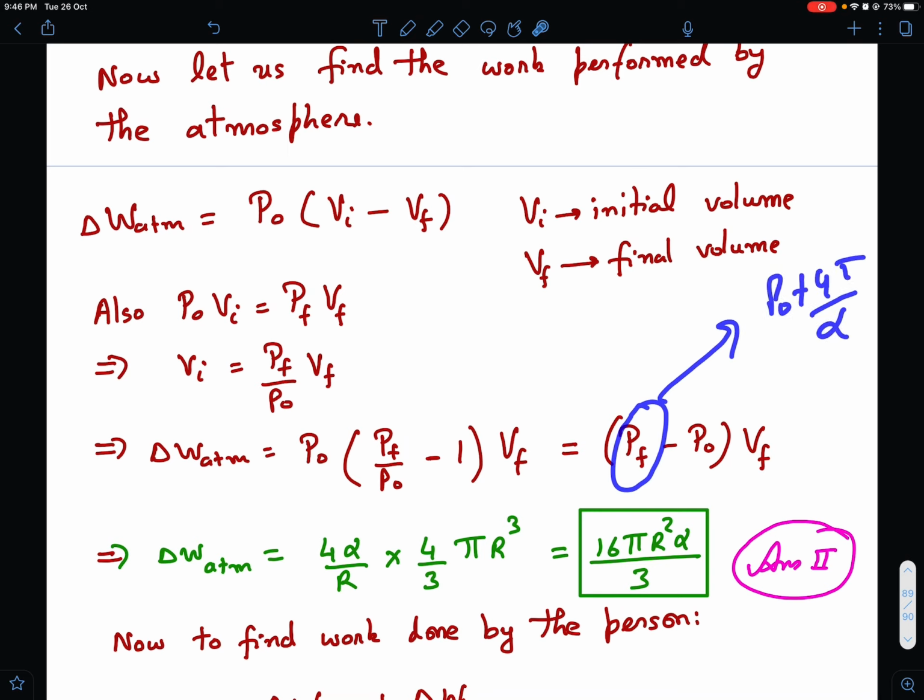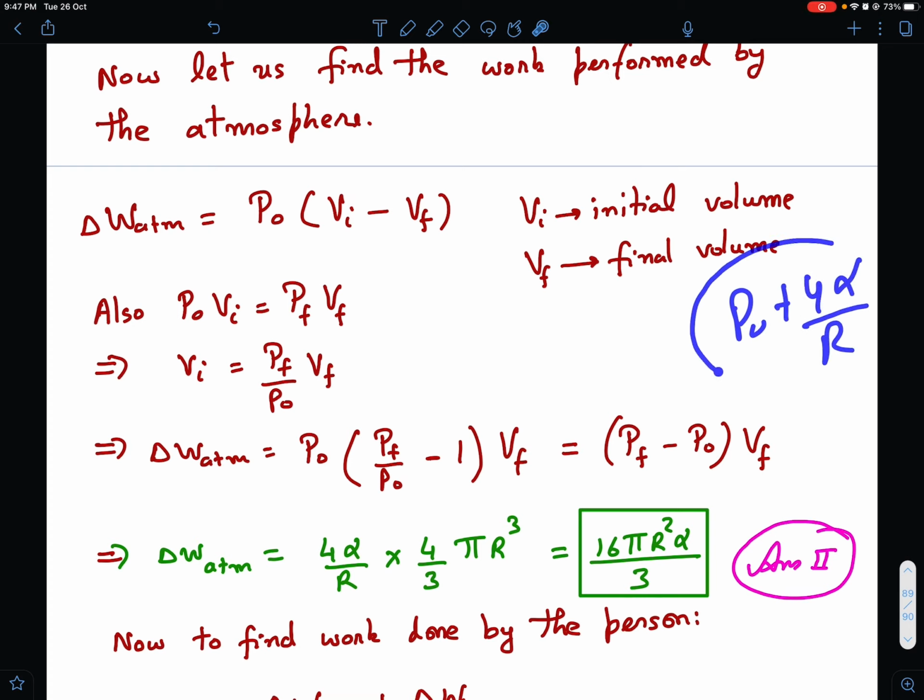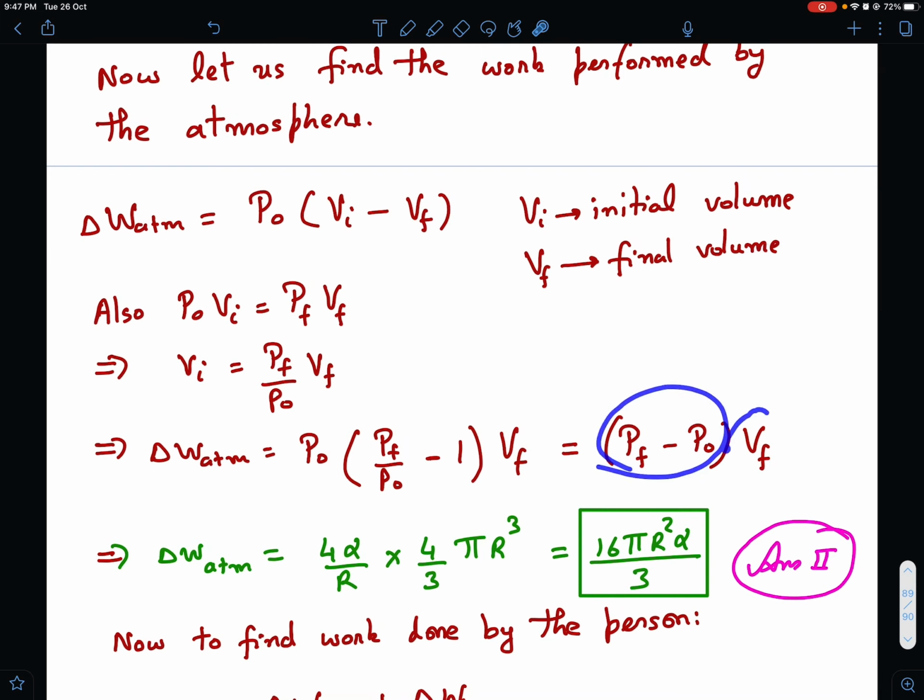P final is P naught plus 4 alpha by R. Normally I denote surface tension by T, but here we are using alpha for surface tension. So P final is P naught plus 4 alpha by R, and you subtract the P naught, so you are just left with 4 alpha by R.